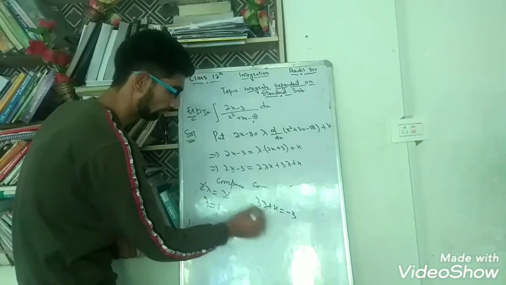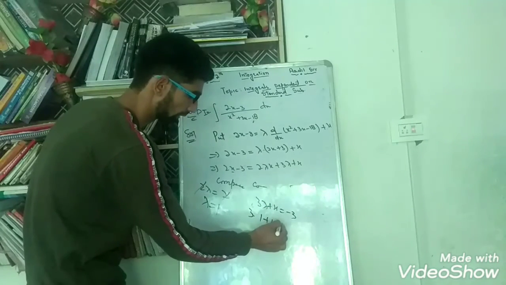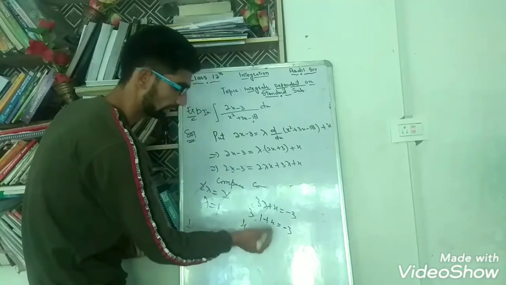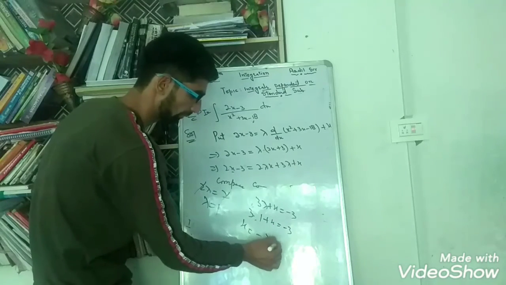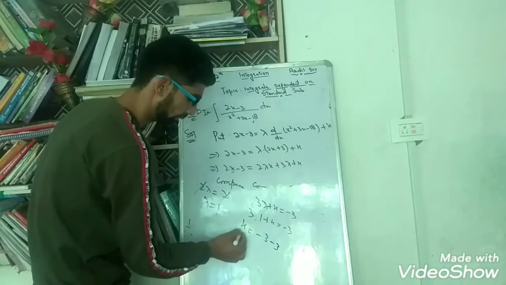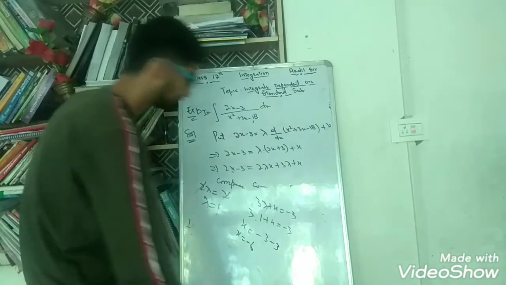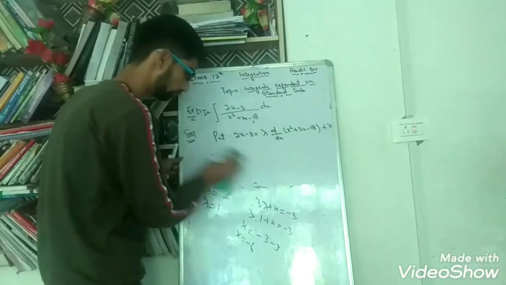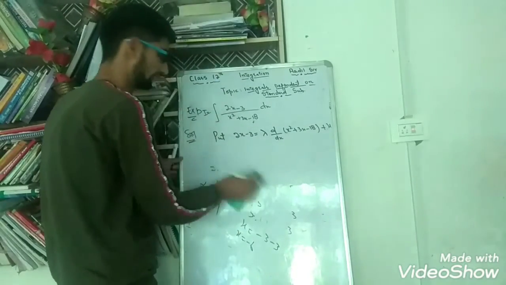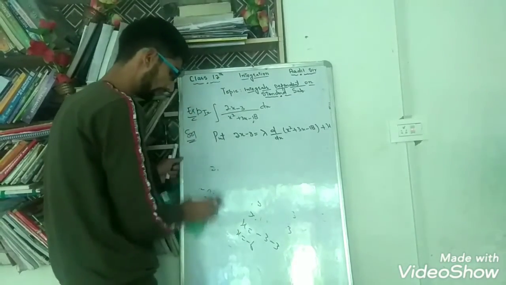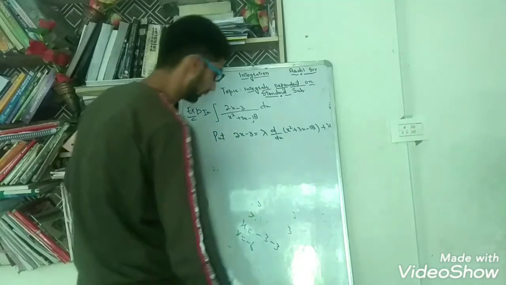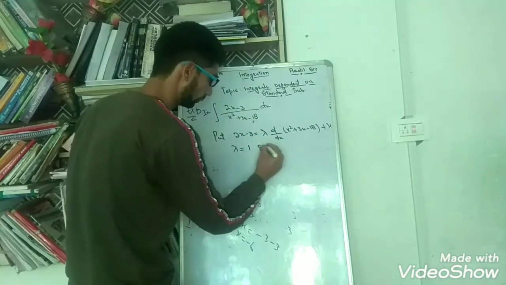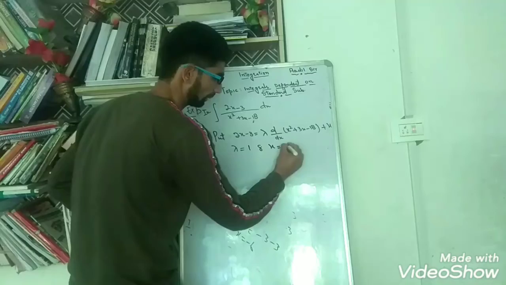With lambda equal to 1, 3 plus mu is equal to minus 3, so mu is equal to minus 6. So we got the value of mu as well as lambda: lambda equals 1 and mu equals minus 6.